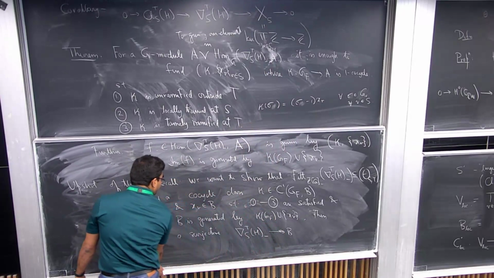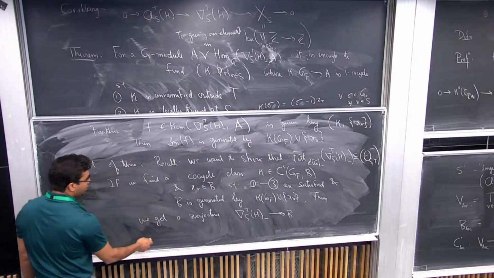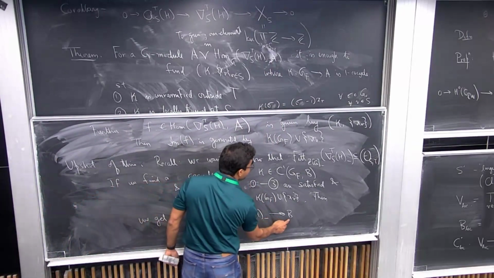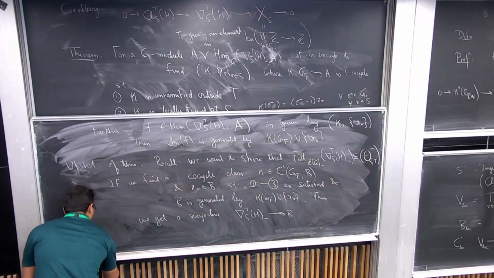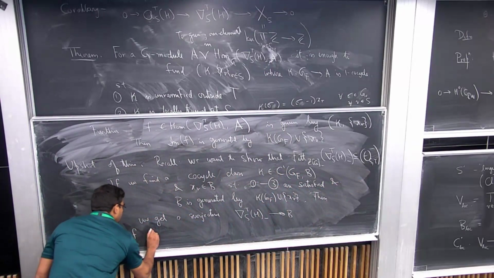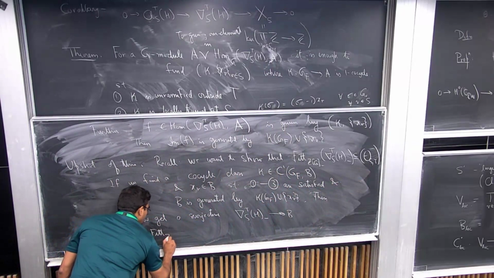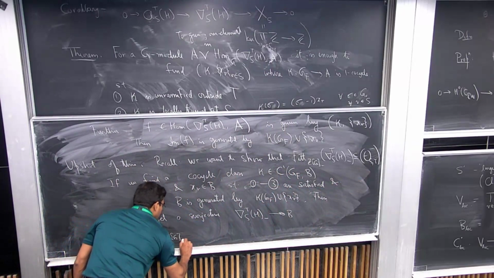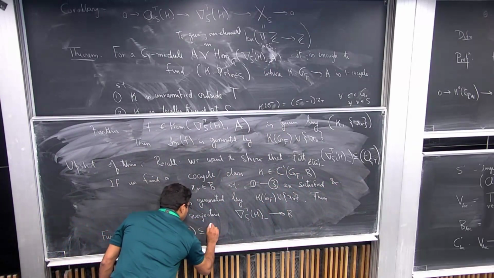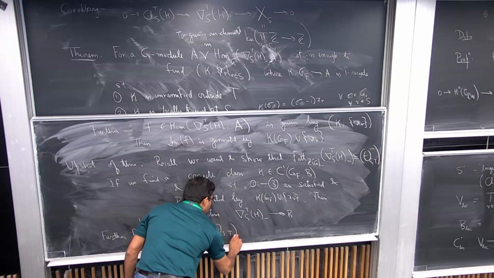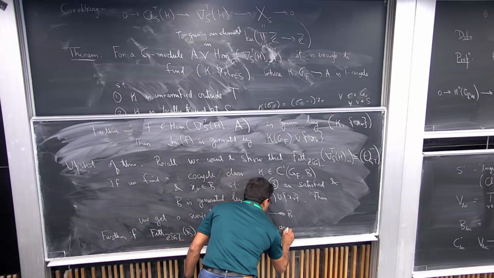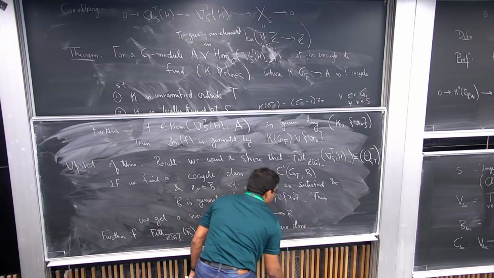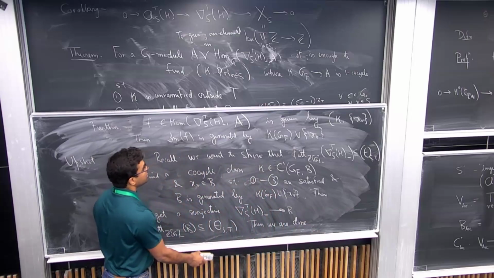So if further we can find the fitting ideal of B and show that it's contained in this, then we are done. So that's the upshot of this theorem.